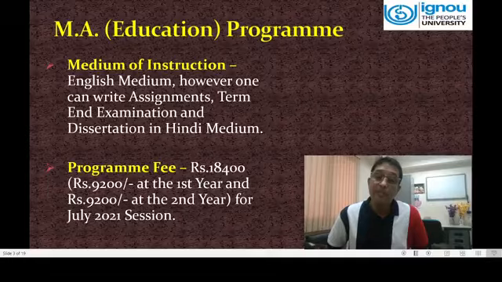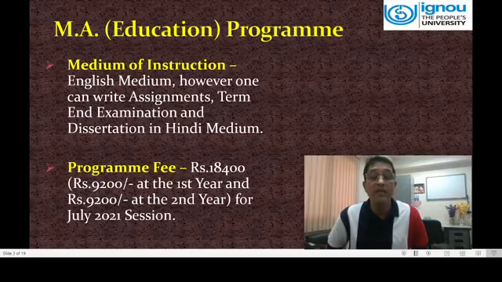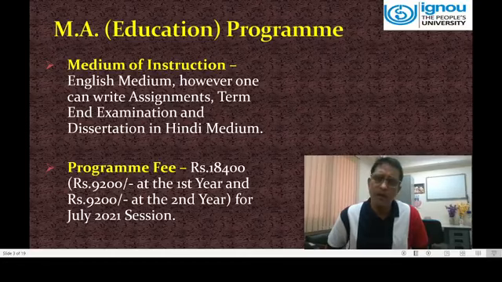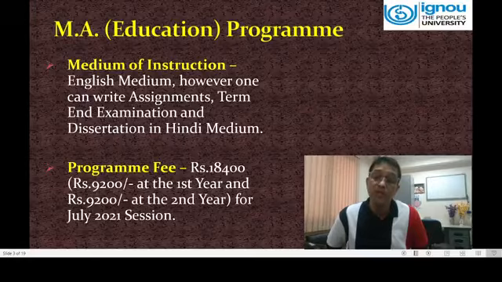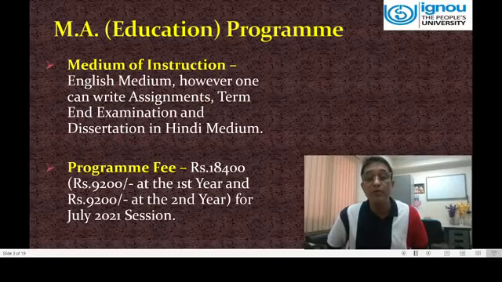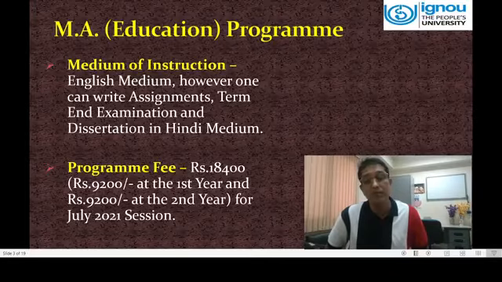At the same time, in the second year, one of the major components is the dissertation. In the dissertation, you have to do 2 major things. You have to prepare a research proposal or a synopsis, and after getting approval of the research proposal, you have to do the research work as per the synopsis, and prepare a research report or dissertation report.